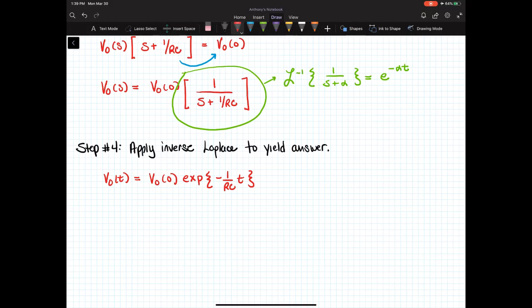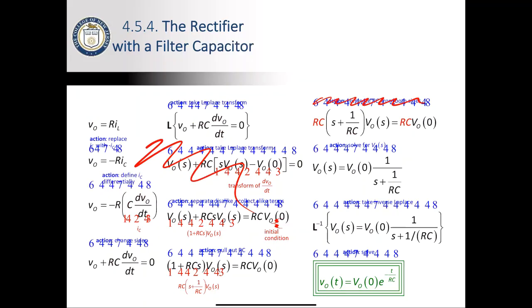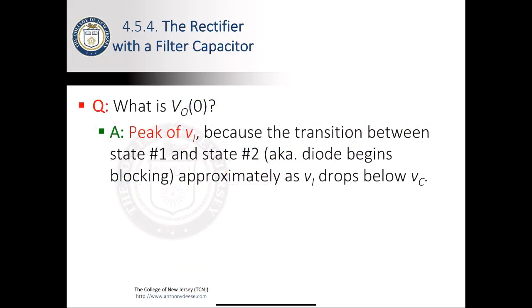So now I'm going to switch back over to that. Okay, so now we're back in PowerPoint, and we can see that we ended up with the solution that we had. So the solution we got from OneNote is the same as the solution that we see right here. Now, what is V out of 0? What is the initial condition? Remember that we're talking about the initial condition for state number 2, not for state number 1.